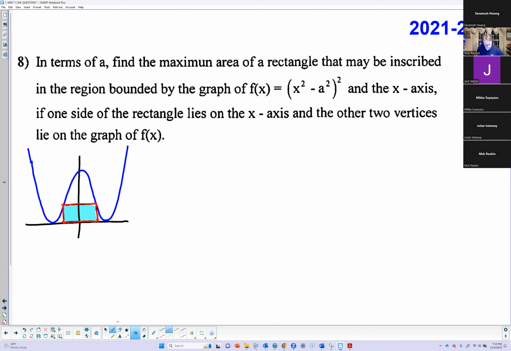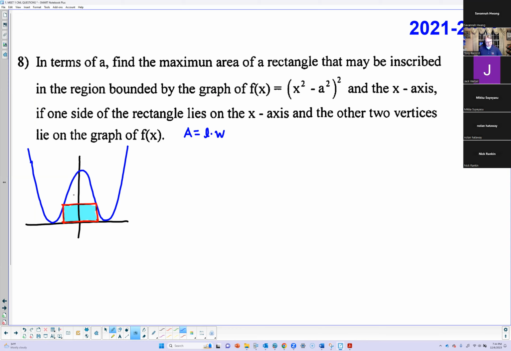So I have a question for you all, and it's a question that I think you can all answer. What's the formula for the area of a rectangle? You know it, right? Length times width. And it doesn't really matter which side we want to call the length and which side we want to call the width. That makes no difference.